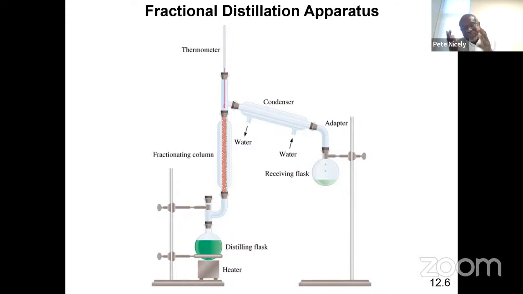And the basic premise of distillation is that you heat the liquid mixture, and if the boiling points are significantly different, then the lower boiling point liquid will boil first, convert to a vapor, and then you find some means of collecting that vapor, condensing it, and basically directing it into the appropriate receptacle, right? Leaving behind the higher boiling point liquid. So that is what is being demonstrated here.